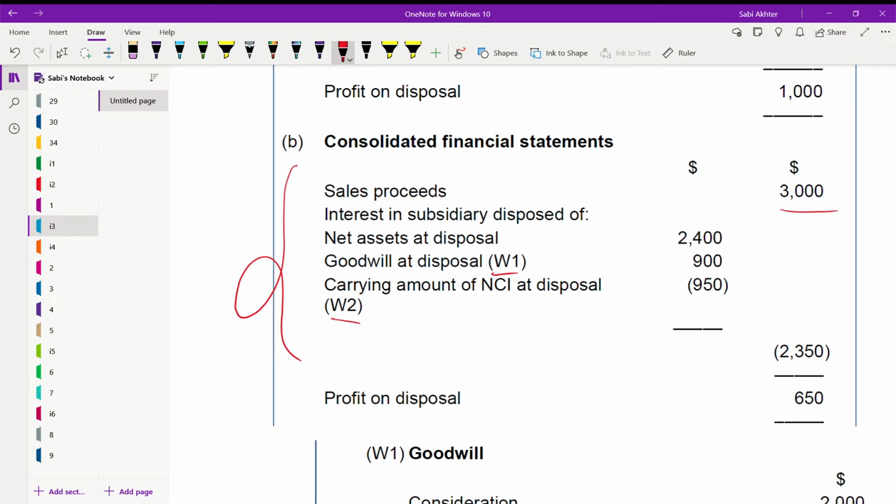And net assets at disposal. When the subsidiary is disposed of, you have to deduct the net assets because there are no net assets when you're disposing. There is no goodwill also; that also will be deducted. And the carrying amount of the NCI will be deducted too. Then you finally find the profit. So what is the net asset at disposal?